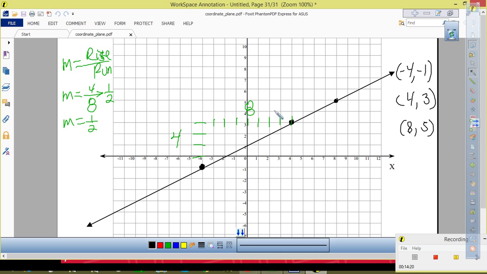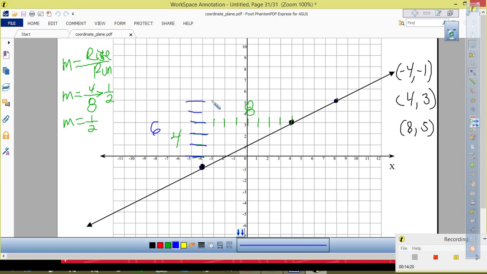Now check this out. Now I'm going to find the slope to this point. Now, do you want me to use this point to this point or this point to that point? This one to this one? All right, let's do that. But I'm going to switch colors. I'm going to use blue. So I'm going to go from here all the way over here. So how many steps up? 1, 2, 3, 4, 5, 6. So that is 6.